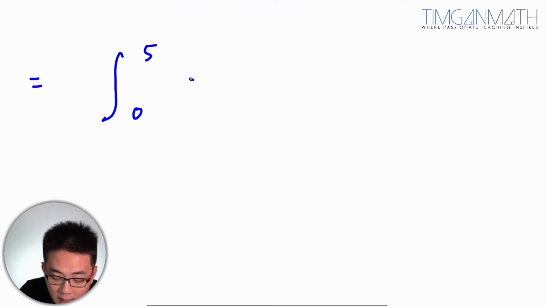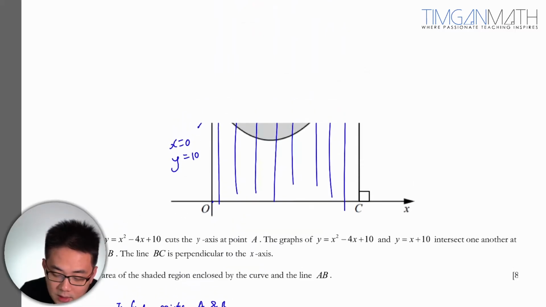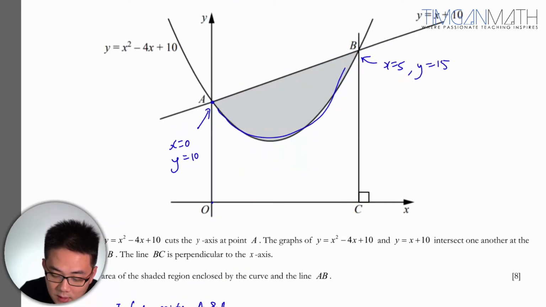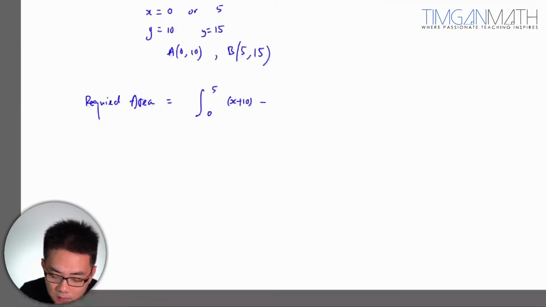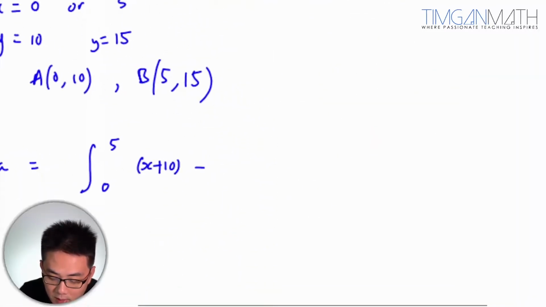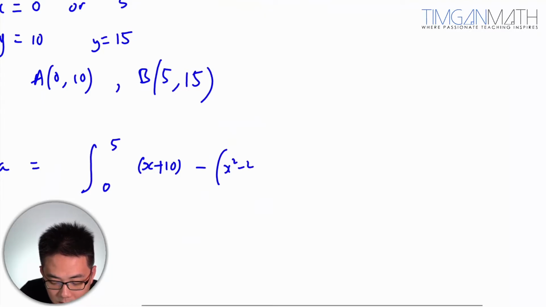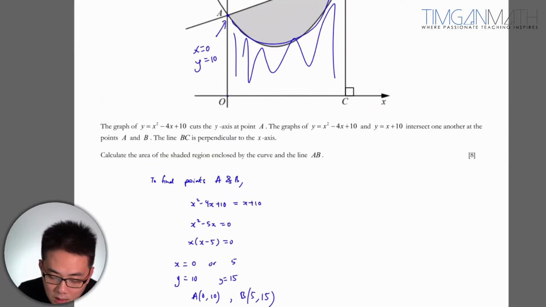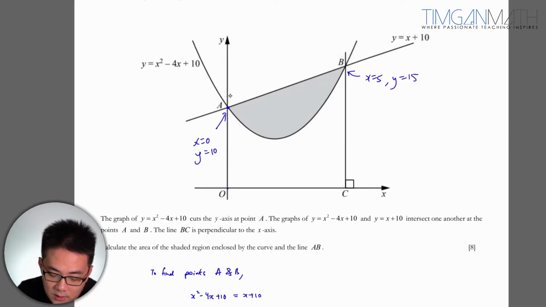Then you just take minus off the area under this graph, this curve, this U shape, which would be x squared minus 4x plus 10, dx.